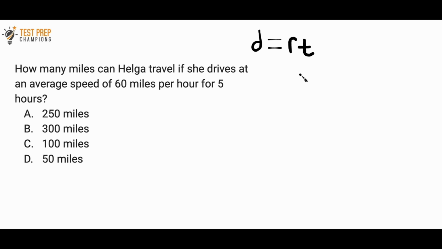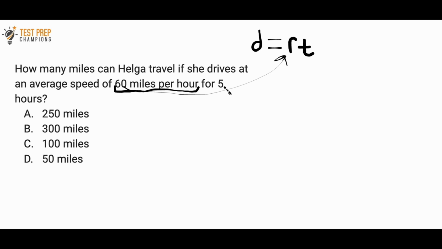So let me give you a chance now if you'd like to pause the video, try to figure this out, and whenever you're ready, we'll go over the answer. So here we need to find miles, right? So that's a distance. So what we can do here, since we have 60 miles per hour, and we know that this is a rate, we're going to plug 60 into the formula for R. And we're also told that she's going to drive for 5 hours.